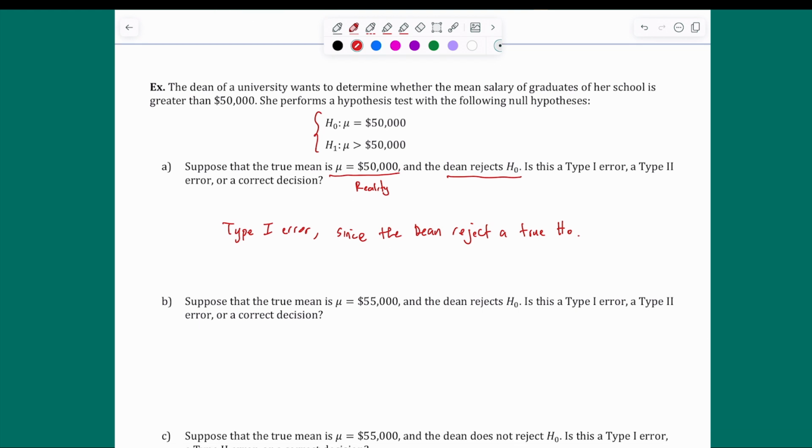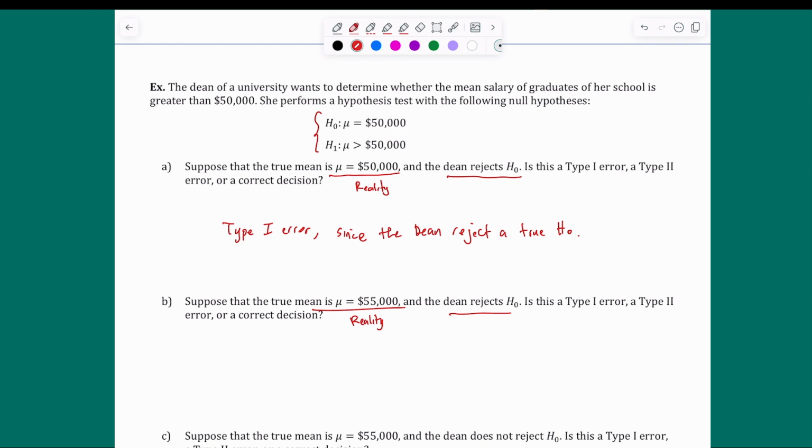All right, so part B: suppose that the true mean is $55,000. This is the reality that we never know, and the dean rejects the null hypothesis. Is this a type 1 error, a type 2 error, or a correct decision? Well, this is not bad, excuse me.